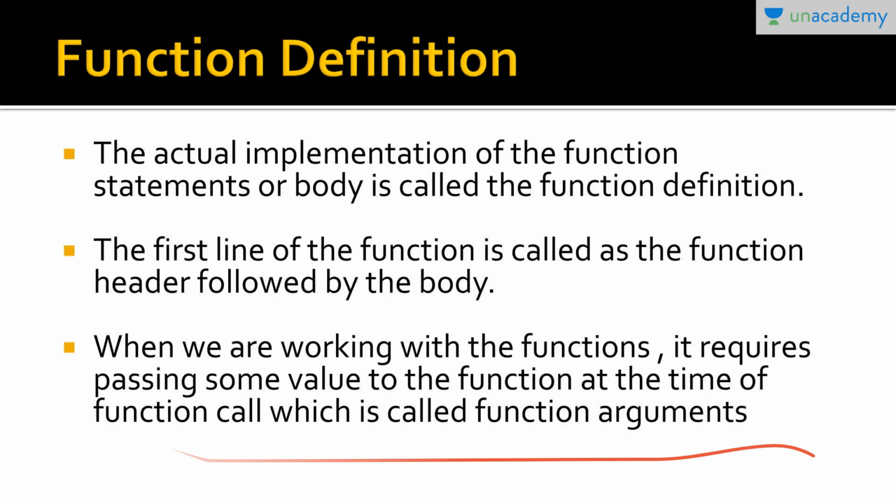So when we call the function and use it for the variables, this passing of values is used, and that is called a function argument. In simple layman language, function arguments are a summary of how and on what variables the function is being used.